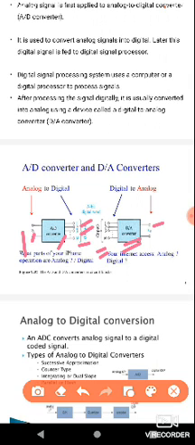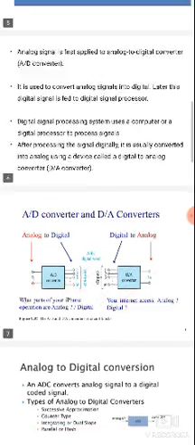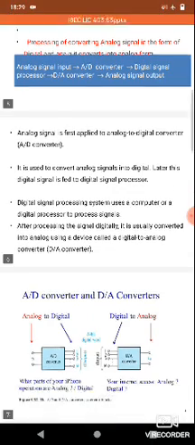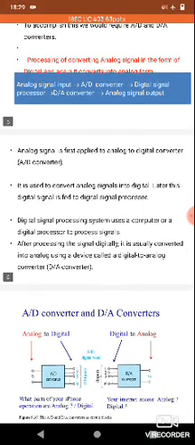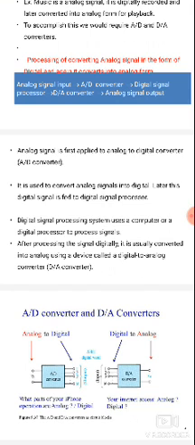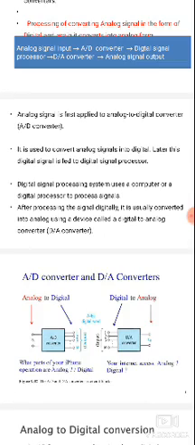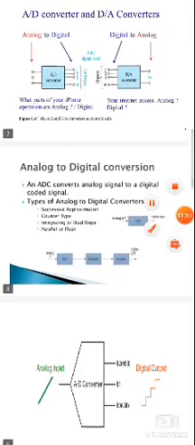The analog voltage is first converted by the A to D converter into a digital value, and the digital value is given to the D to A converter input, and we again get the analog output. Same like this: analog signal, then A to D conversion, then the processed signal is given to the D to A converter, and afterwards we get the analog signal output.